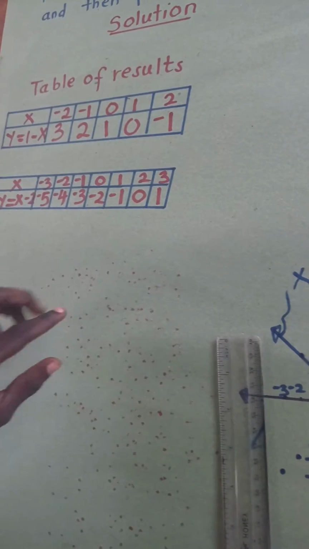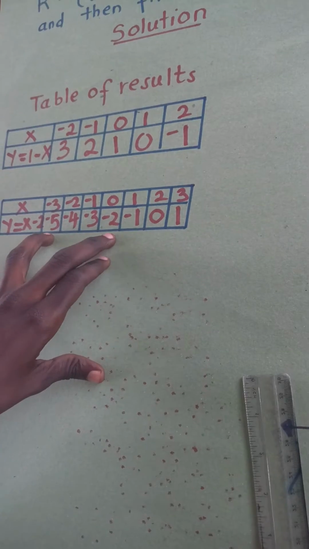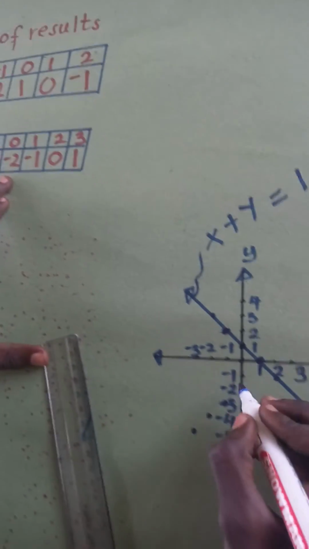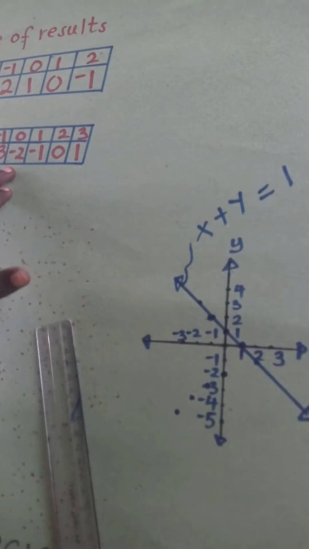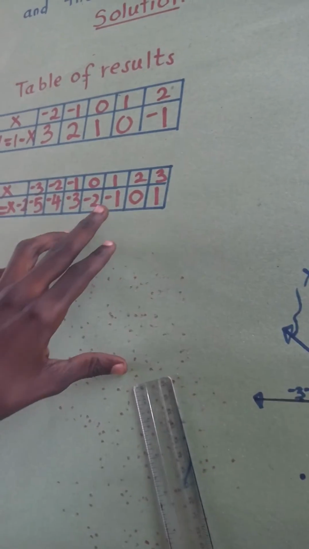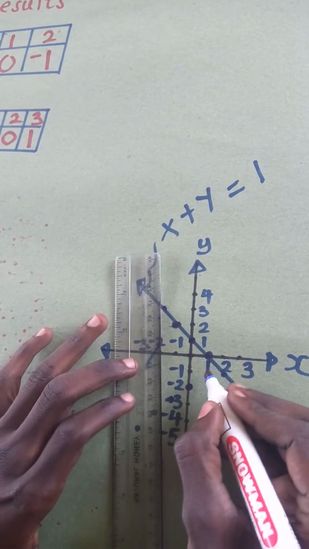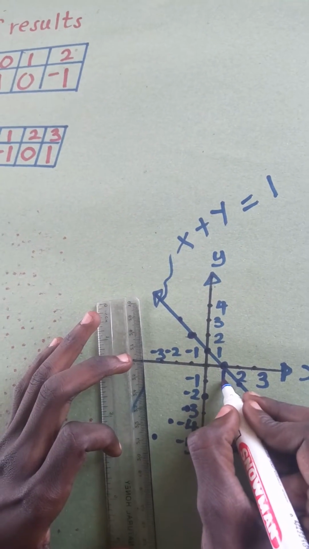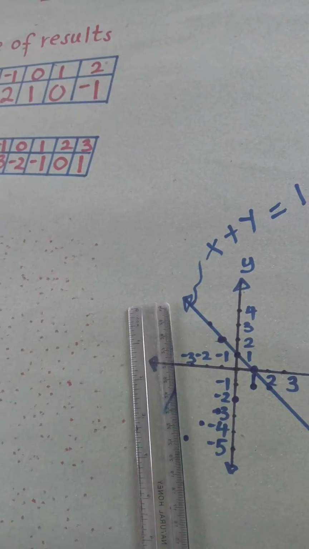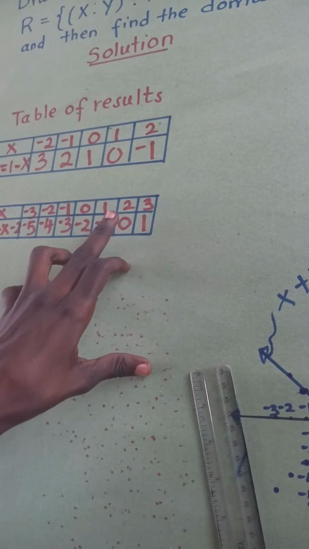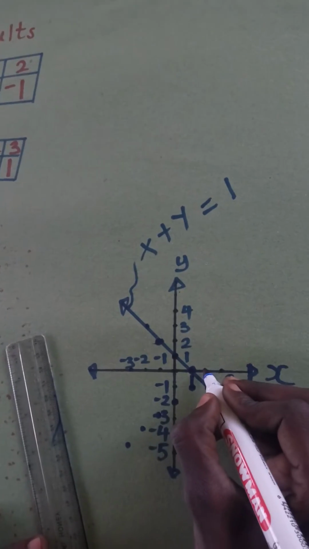When x is equal to 0, y is equal to negative 2, which is this point. When x is equal to 1, y is equal to negative 1, which is this point. When x is equal to 2, y is equal to 0, which is this point.